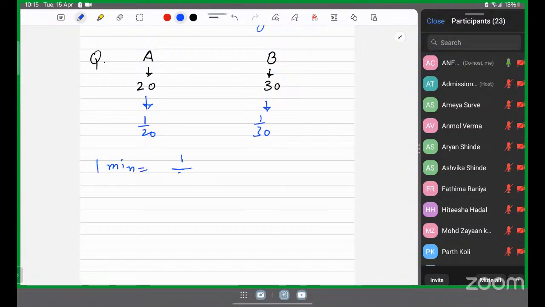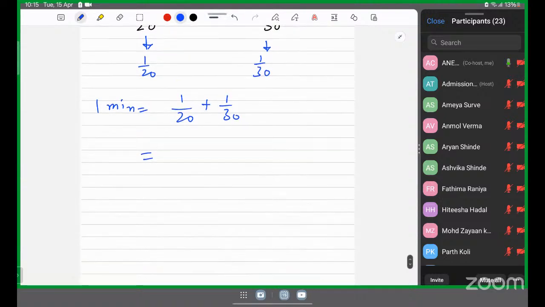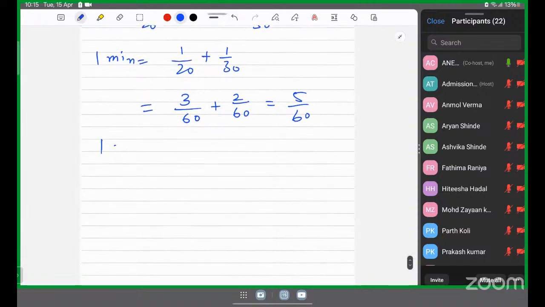And how much part will be filled in 1 minute? So in 1 minute, 1 by 20 is filled by A plus 1 by 30 is filled by B. So this will be how much? Multiply by 3, multiply by 2, 5 by 60. So in 1 minute, 1 by 12 part of the tank is filled.